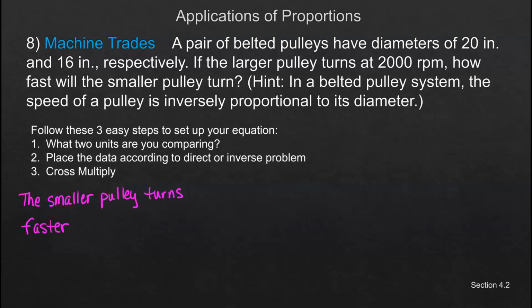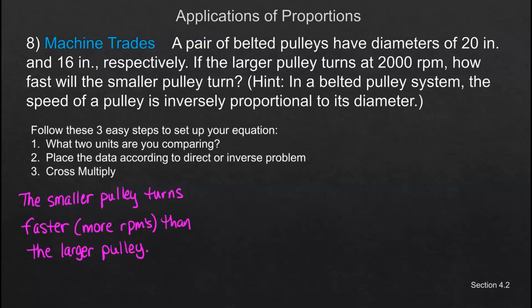So the smaller one turns faster. And let's say more RPMs than the larger pulley. Because you really have to think about these.